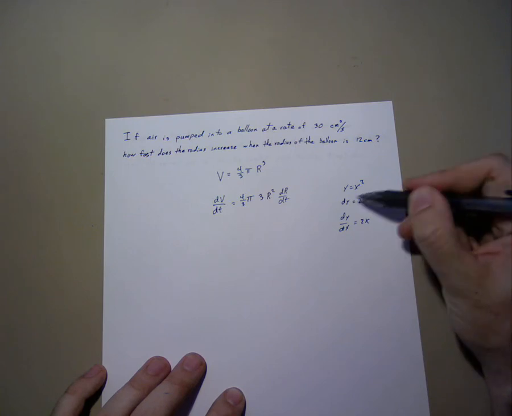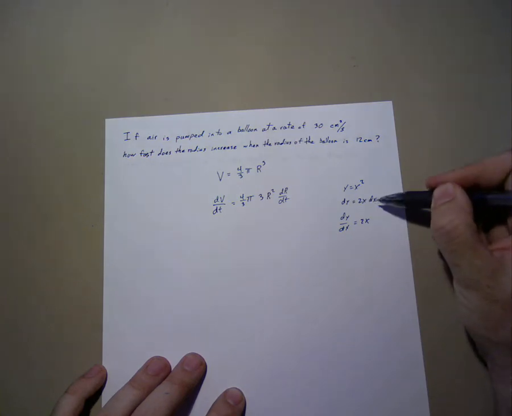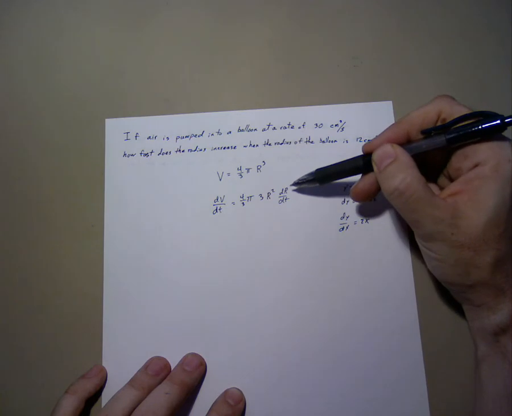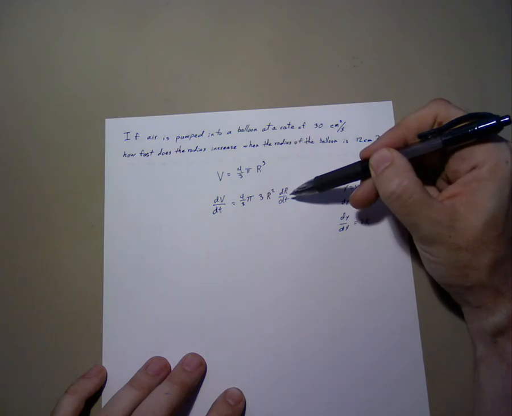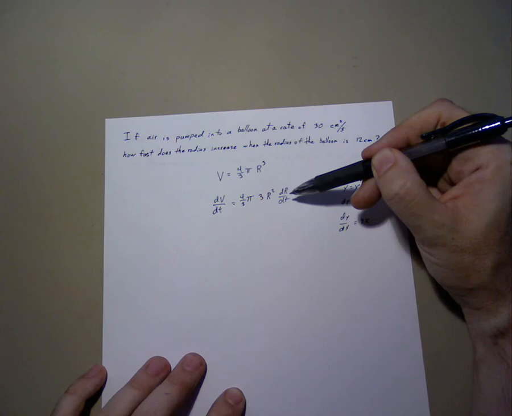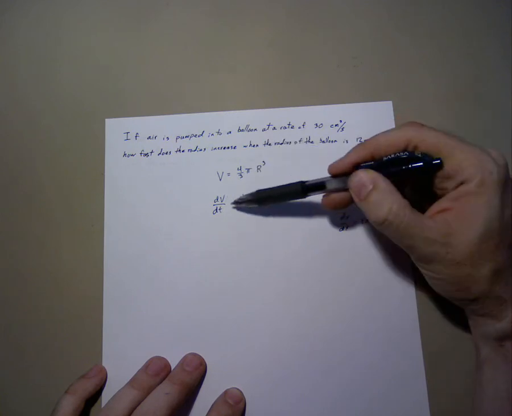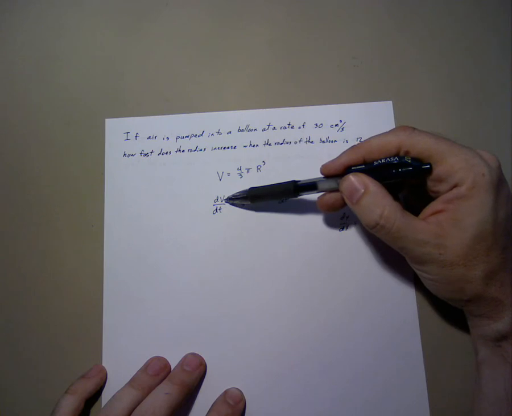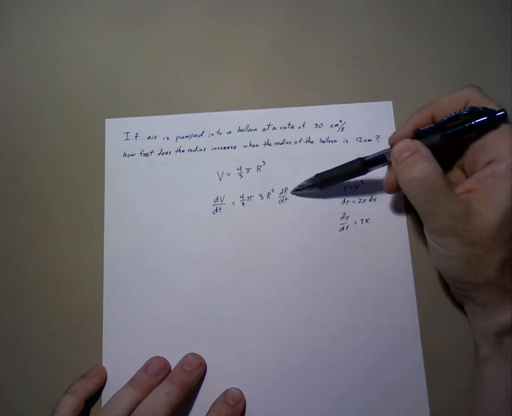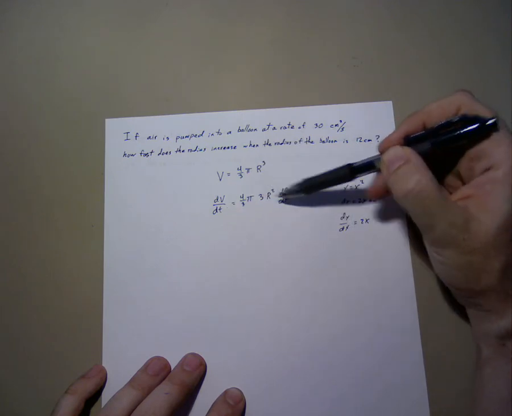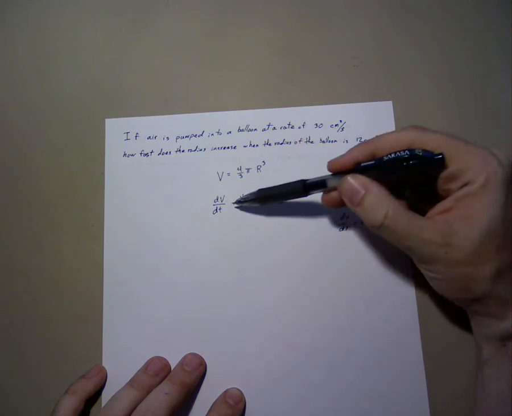That is almost always forgotten about, and in a problem like this, it becomes important to remember. So we don't merely have dV over dr. We have dV/dt and dr/dt. These two rates are related to each other.